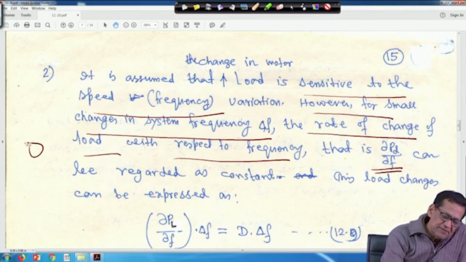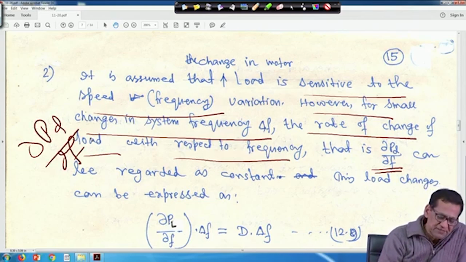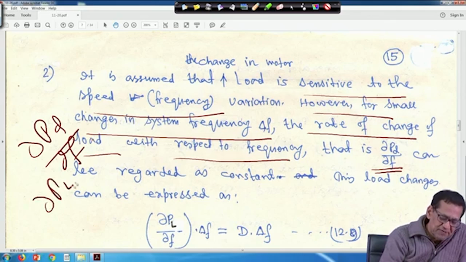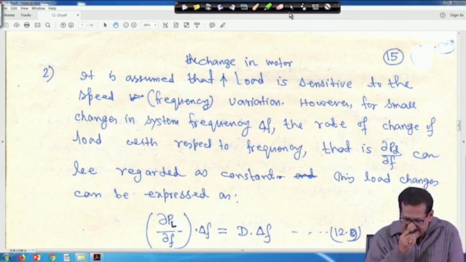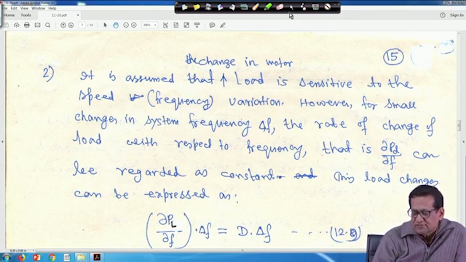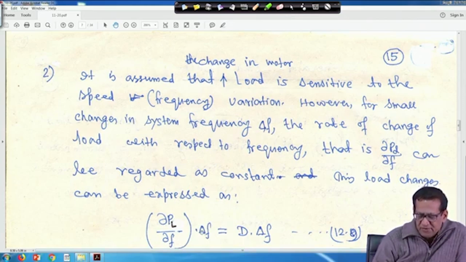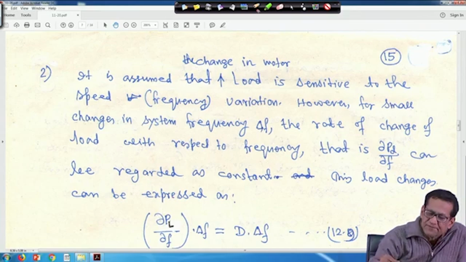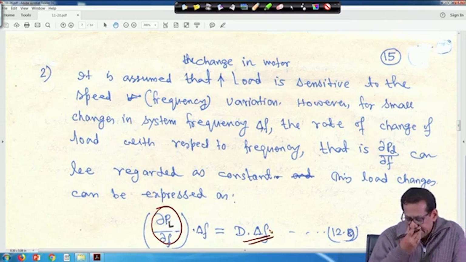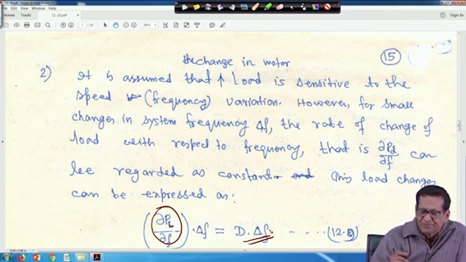Sometimes we write, if the load disturbance is PD, then it is delta PD delta F. If you assume the load disturbance is PL instead of PD, then it will be delta PL delta F. So, this load change can be expressed as delta PL delta F into delta F, but this one is a constant. This part is a constant into delta F, and we call it D into delta F.